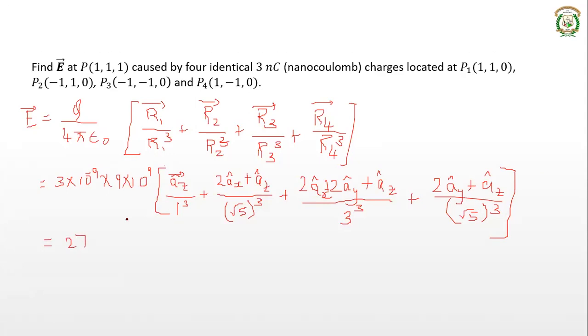Then inside these brackets, you have different terms for ax, ay, and az. Just multiply and let me know what is the component of ax. Ax is there in this place and here. So here it is 2ax divided by root 5 cube. And here it is 2ax divided by 3 cube. 3 cube is 27.